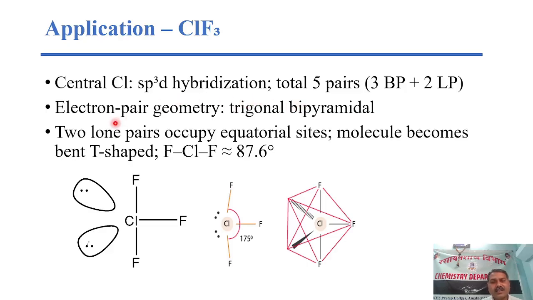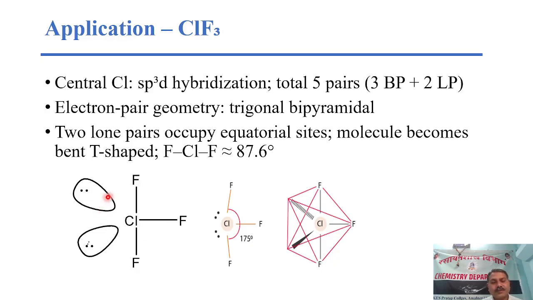But due to the presence of 2 lone pairs of electrons, which require more space, these lone pairs occupy the equatorial position on the trigonal plane. Out of these 3 positions at the 3 corners of the equatorial triangle, 2 positions are occupied by the lone pairs and 1 position by a fluorine atom, and the axial positions are occupied by the 2 fluorine atoms.